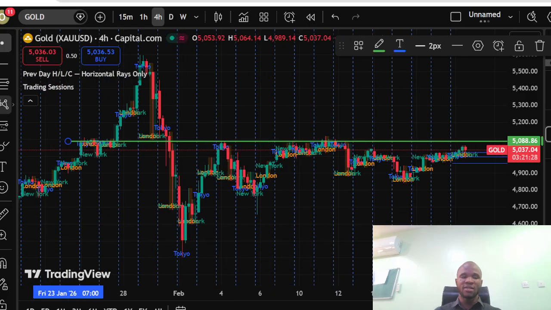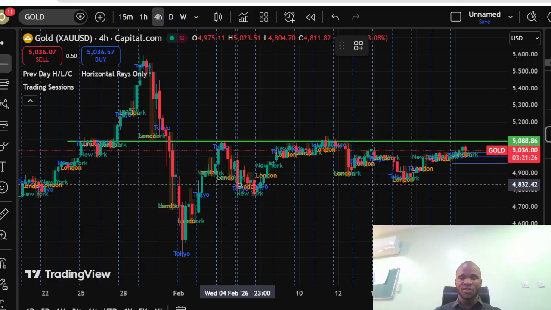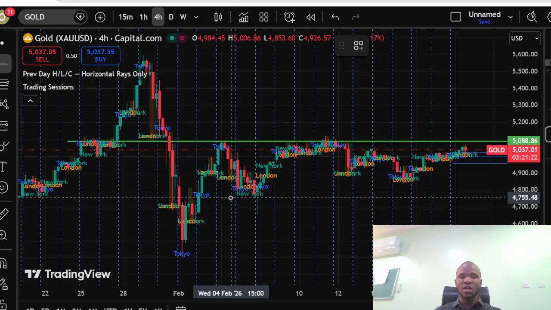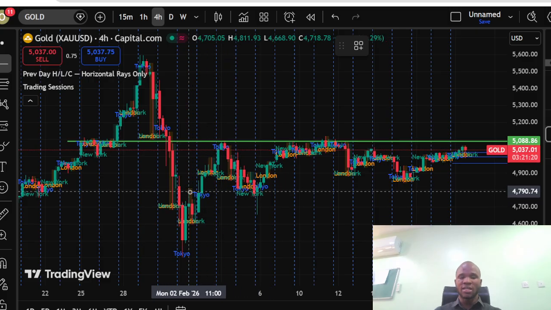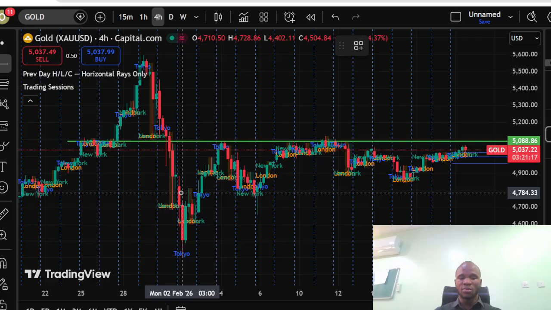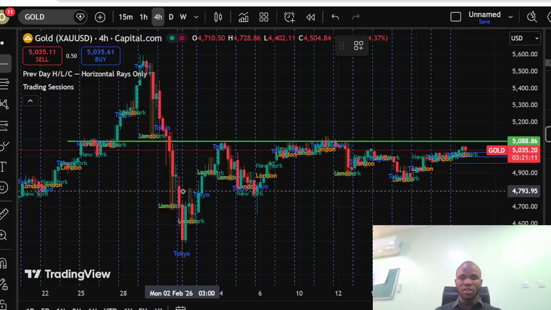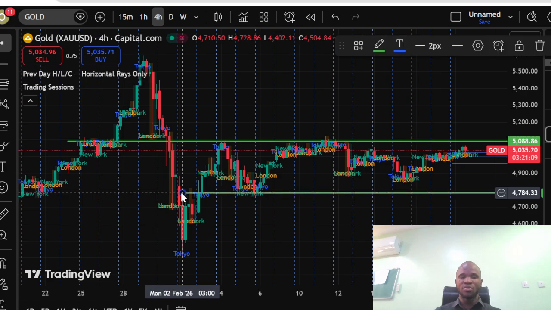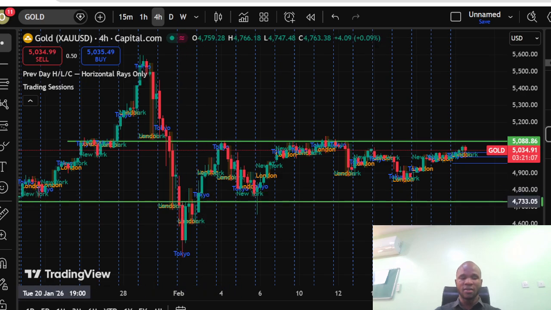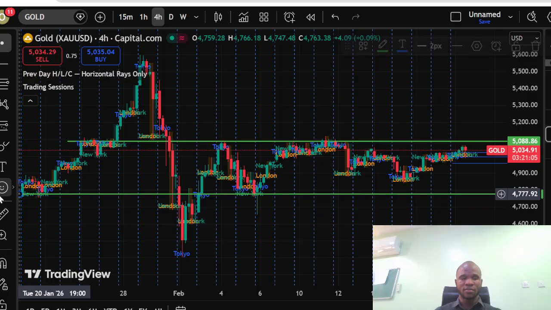So where would that resistance be? Based on this chart, where do you think resistance should be? As I also told you, at least where price has tested multiple times in the past. So for gold, for this chart, I feel the ideal place to draw your resistance level is here. Why?